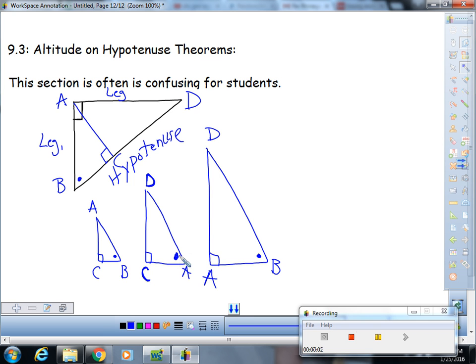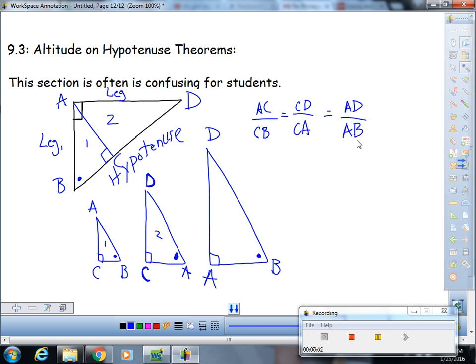So now we have successfully rewritten triangle 1, triangle 2, and the entire triangle so that they're all facing the same direction. Now we can see that AC is to CB like CD is to CA like AD is to AB.